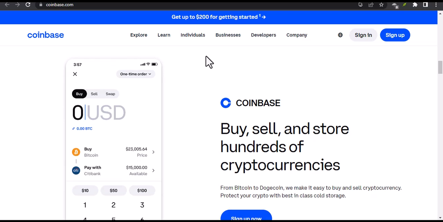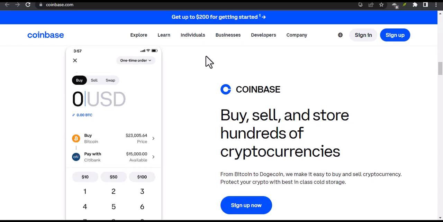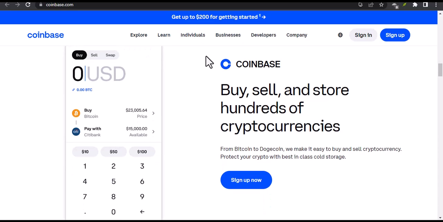This is a pretty impressive list, and it shows that Coinbase is committed to supporting a wide range of cryptocurrencies.